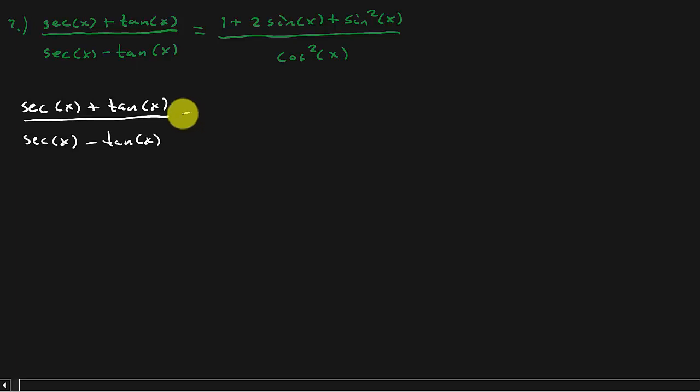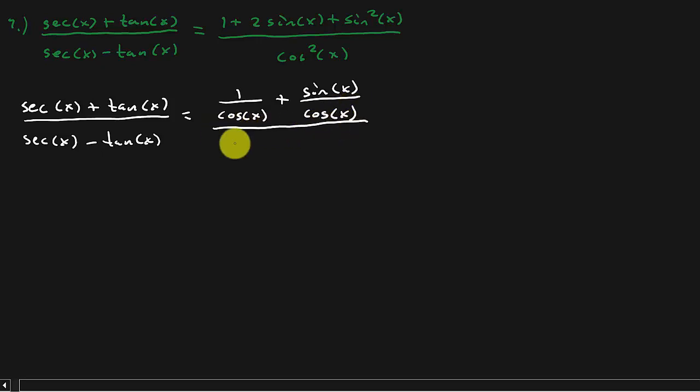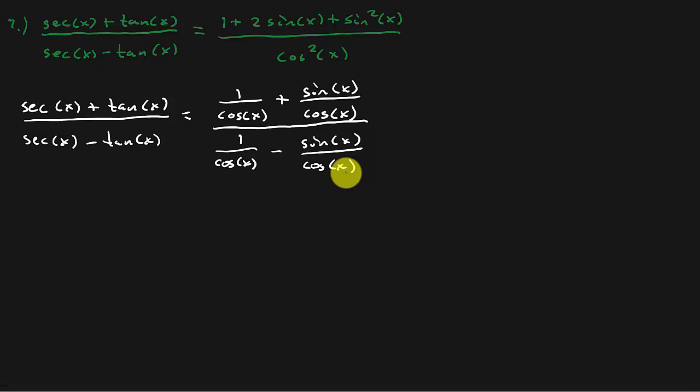So that is going to be 1 over cosine x plus sine x over cosine x, over 1 over cosine x minus sine x over cosine x. Now, what do I do from here?